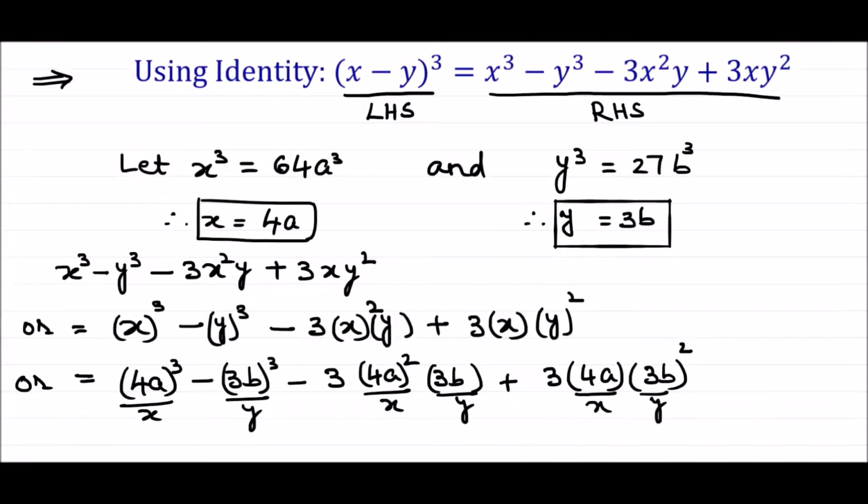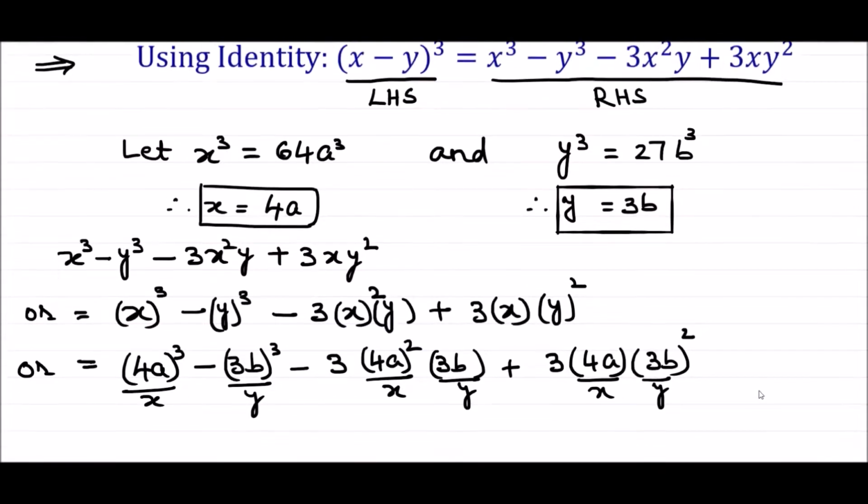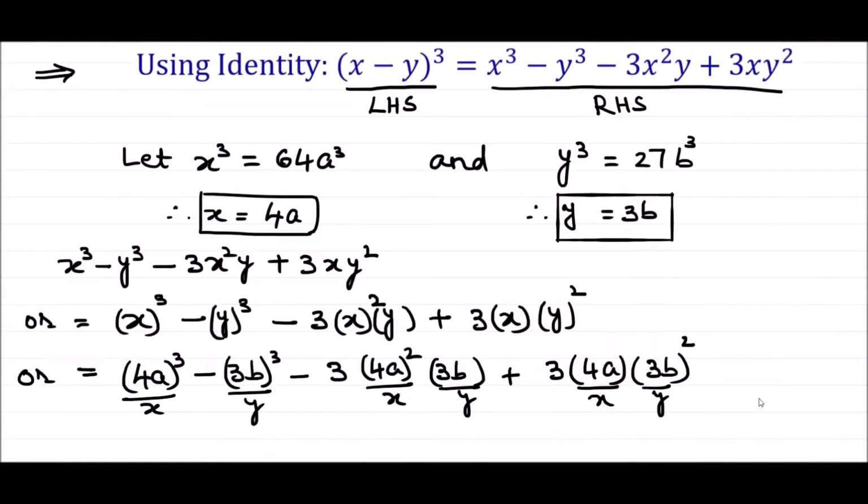Now if you look at the identity x cube minus y cube minus 3x square y plus 3xy square, the value of this is the left hand side. What is that? That is x minus y whole cube.